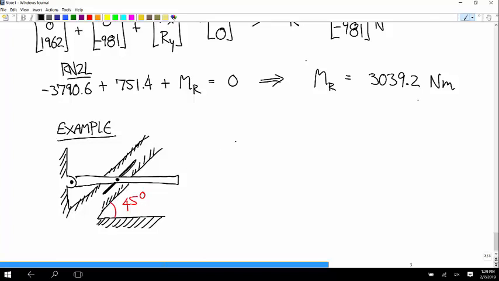Let's say that the mass of this thing is 50 kilograms. There's a downward force at the end of 1,000 newtons.